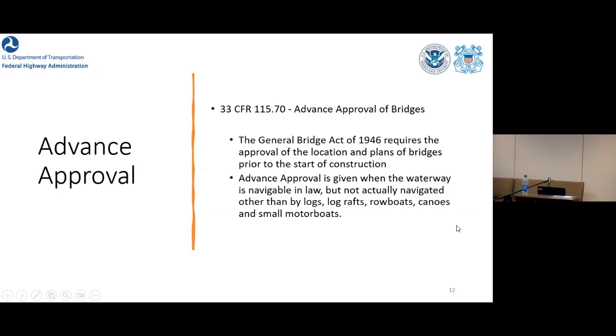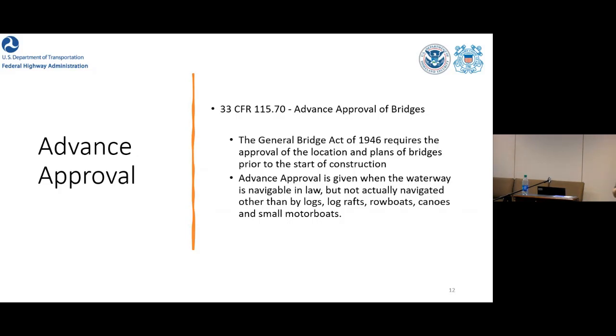Basically this reg, without pulling it up directly, just states that if you've got a waterway that is transited solely by small recreational vessels, we don't put a number on it for the actual size, but small motorboats, logs, log rafts, things of that nature, paddle boards, then we're going to consider the waterway to be advance approval. And so it will not require a bridge permit in order to proceed.